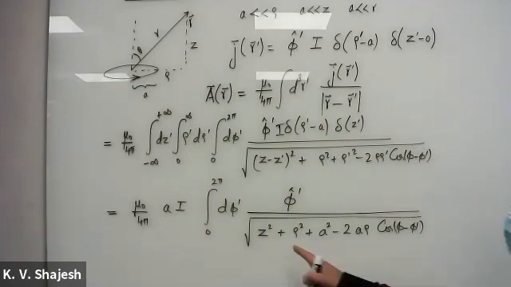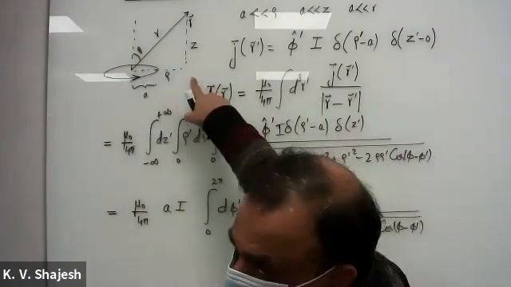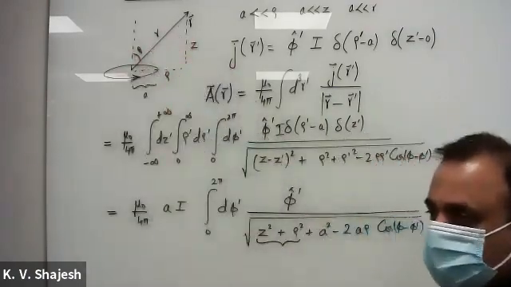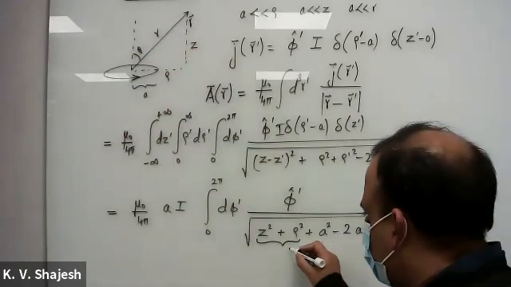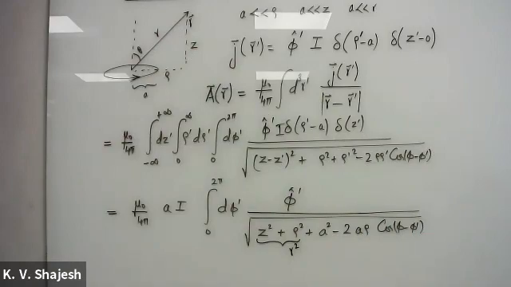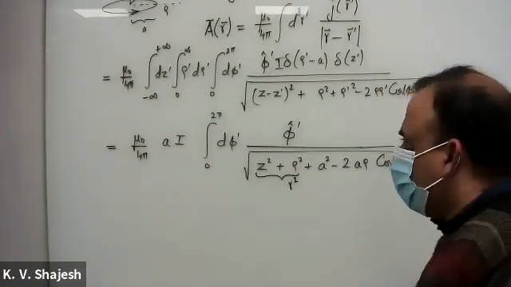This z square plus rho square is nothing but, if you look at the right angle geometry, rho, z, and r, so this is nothing but r square. That's a small simplification.